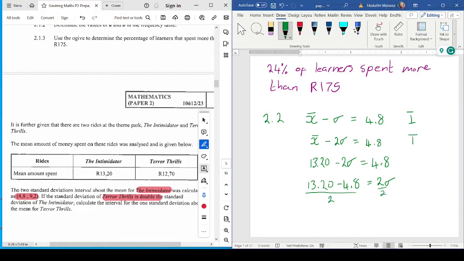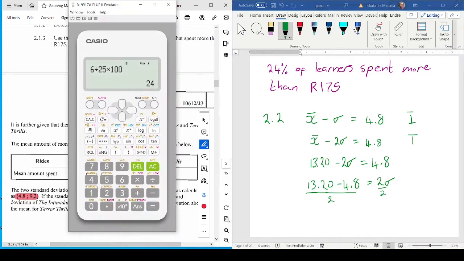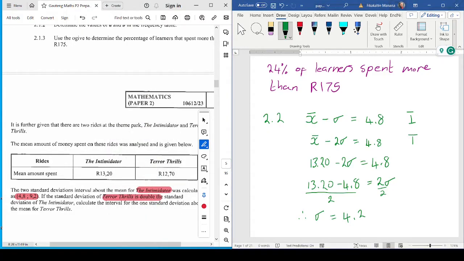I'll put that in a calculator: 13.20 minus 4.8 upstairs, and then downstairs, divided by 2. What's that equal to? Let's change it to decimal. Therefore, the one standard deviation for the Terra Trails is 4.2. We will end it just there.